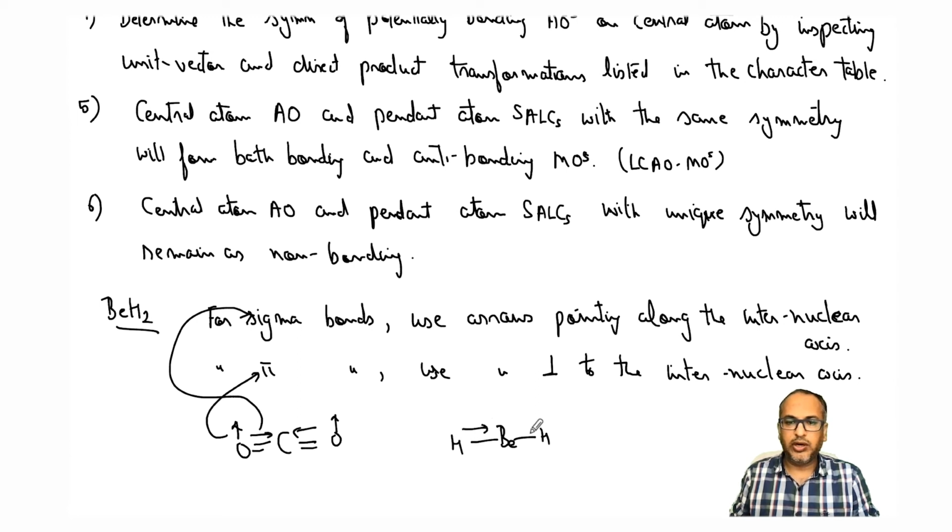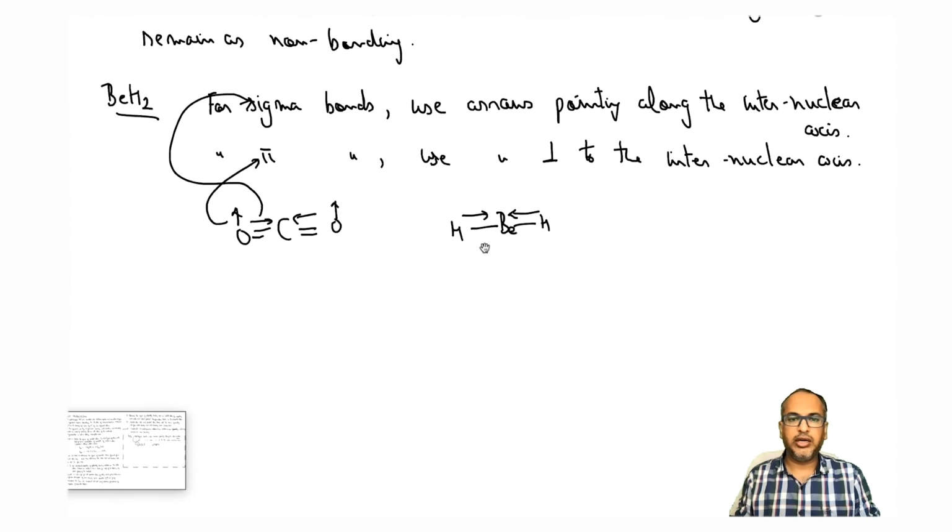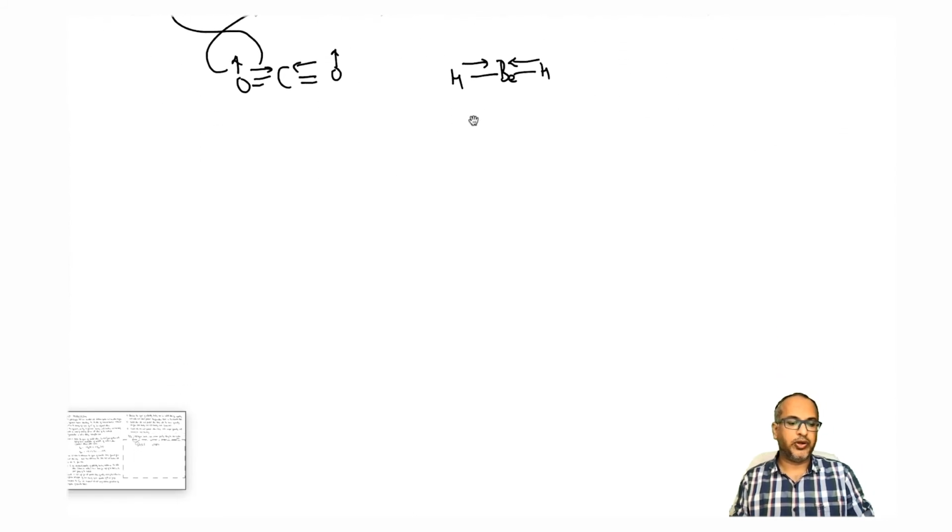So we will consider only these arrows which are along the internuclear axis, and we will use these two arrows to create a Γ reducible under the D∞h point group. So let us see what we have.